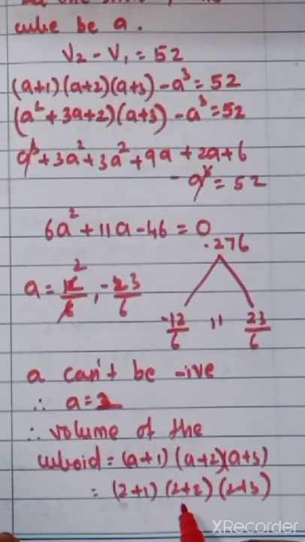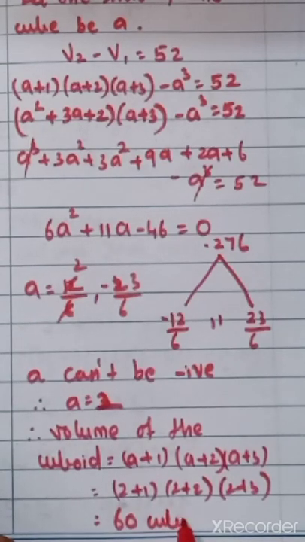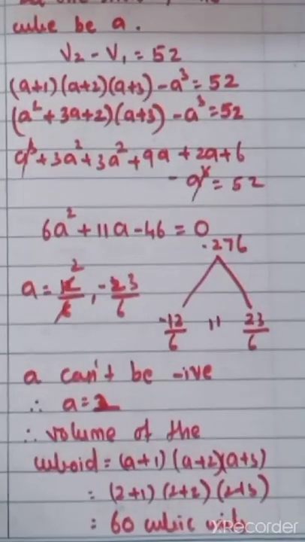So this is 3, 4, 5. 5 fours are 20, 20 into 3 is 60. So the answer is 60 cubic units. 60 cubic units is your final answer.